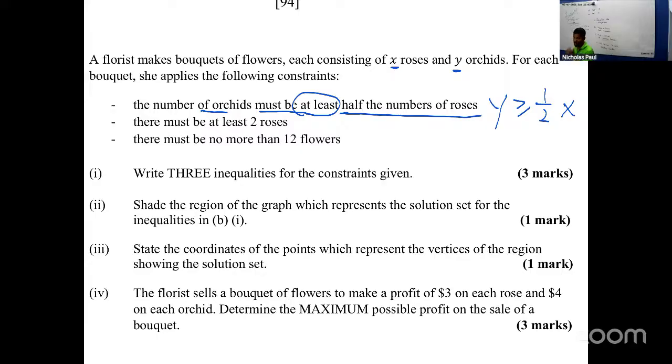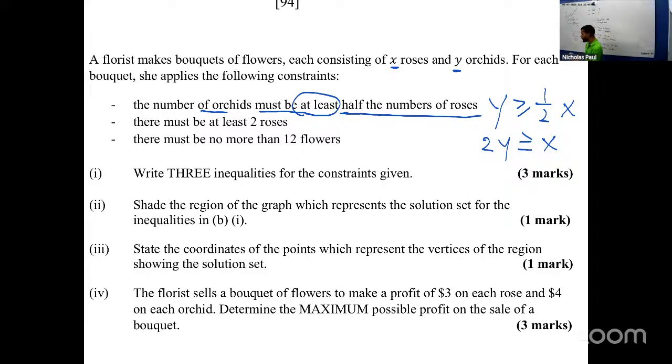If you don't like the fractions, just multiply by 2 and you'll get 2y is more than or equal to x. Okay with that? That is the first inequality you are going to have to draw. Anybody confused?